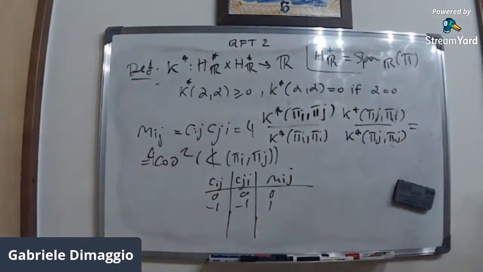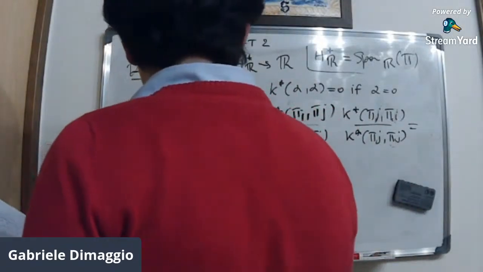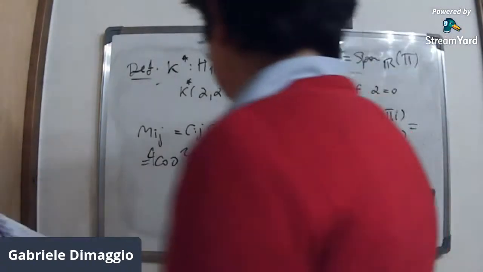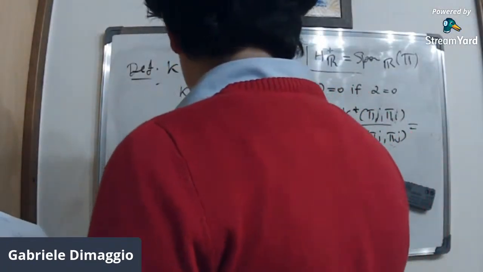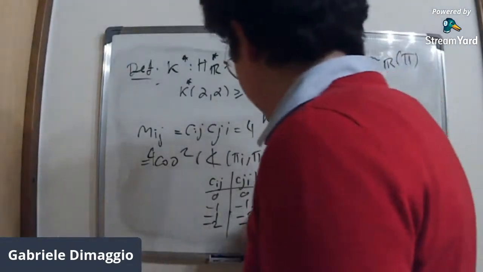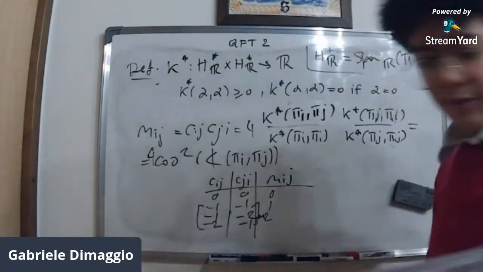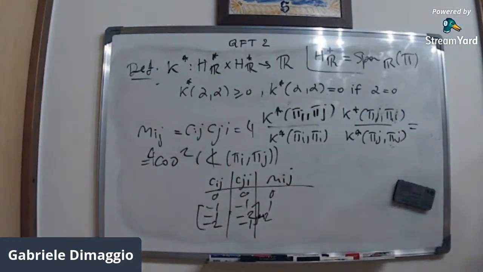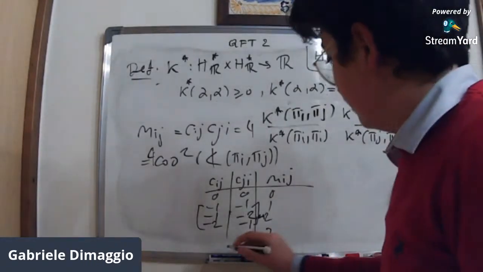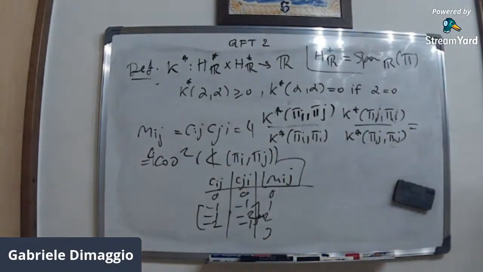And then I can have -1, -2, or maybe -2, -1, and this is of course 2. So I have this set, and so on. I can have, for example, -1, -3, -3, -1, and so I have 3 here, and so on. So N_ij is positive. Perfect.